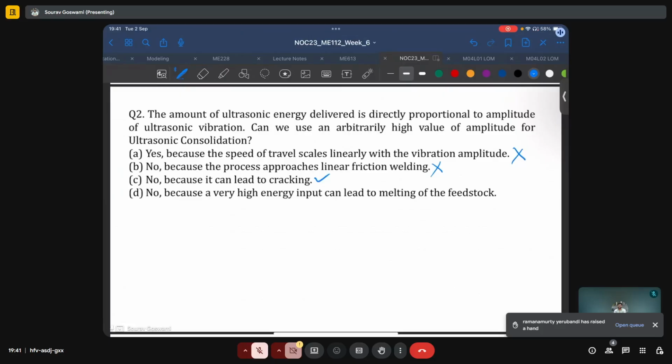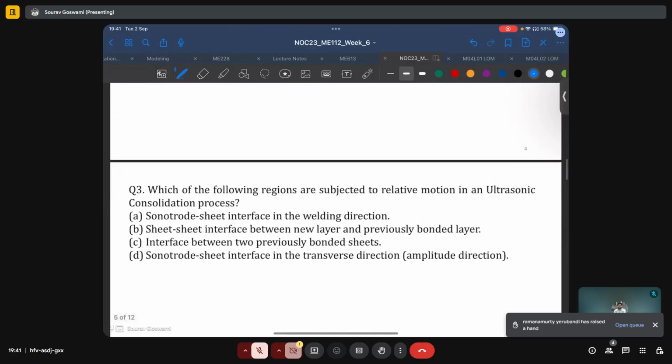And a very high energy input can lead to melting of the feedstock. Typically, we would like to restrict ourselves to within 30 to 50% of the melting temperatures and remain in the solid state. So options C and D are right. And that's why, as we saw in the slides, typically vibration amplitudes between 5 to 40 micrometers are used in this process.